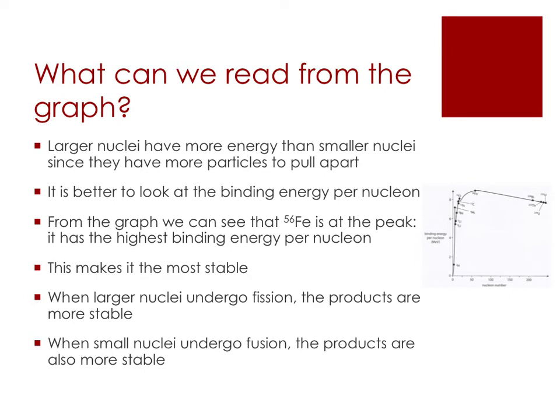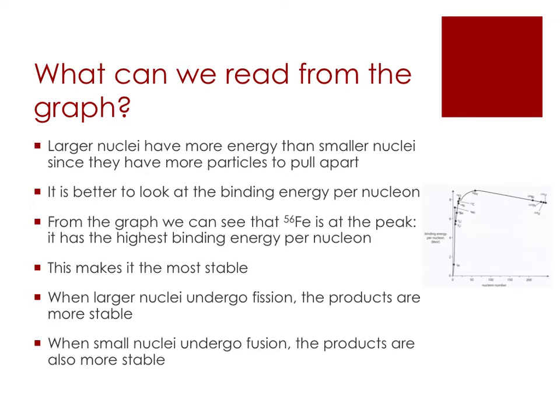So, what can we actually read from this graph? Its shape, as I said, is very important. First of all, if we had just binding energy, larger nuclei are always going to have more energy than smaller nuclei, just because there's more of them.